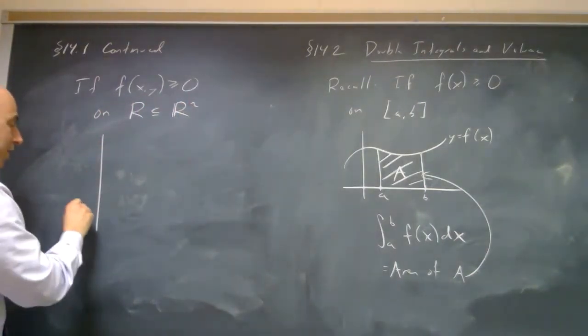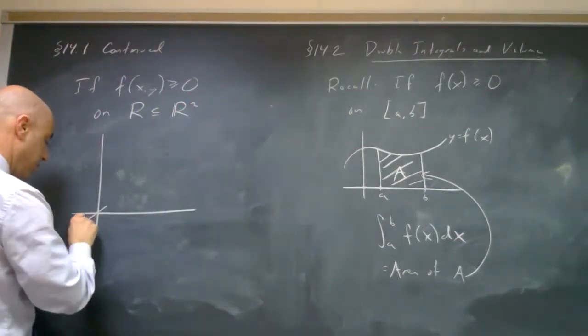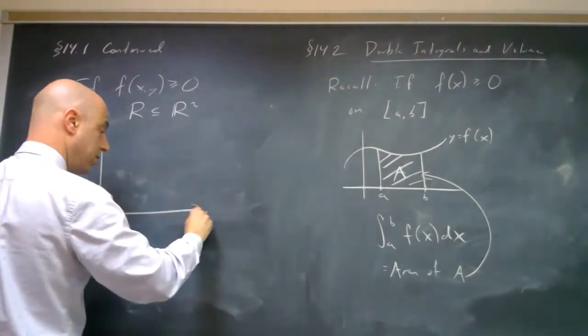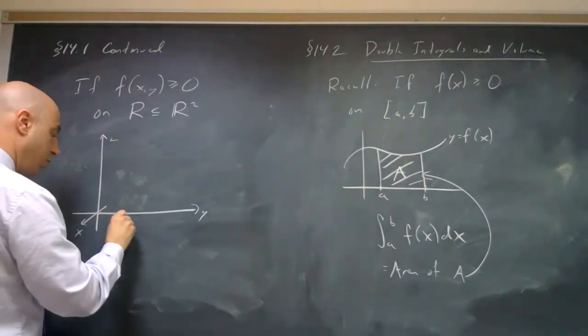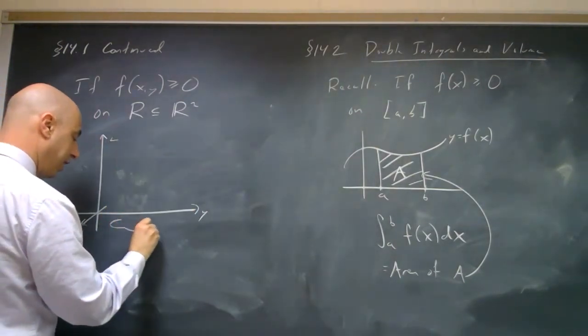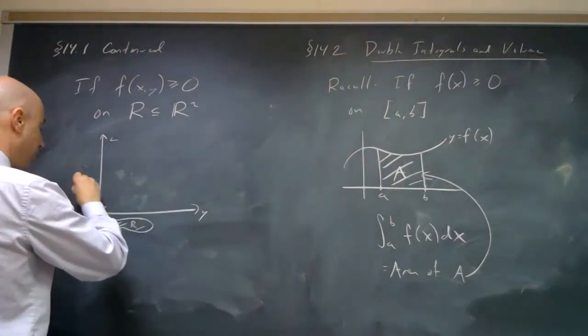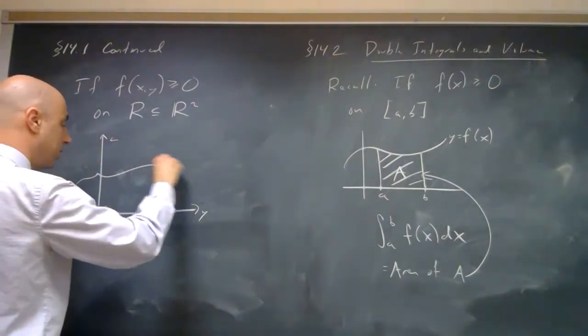So in other words, we have this region R in the plane, and the surface Z equals f of XY.